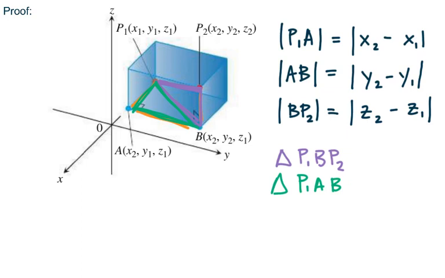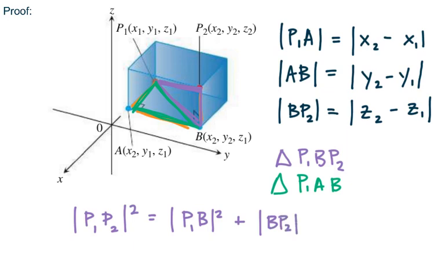So what we can say is P sub 1, P sub 2, that length squared, equals P sub 1, B squared, plus B P sub 2 squared. So that's our Pythagorean theorem.